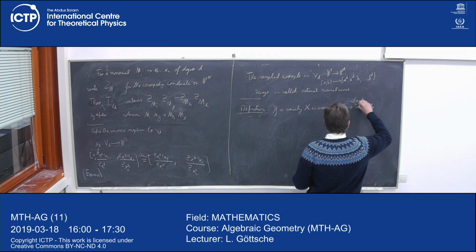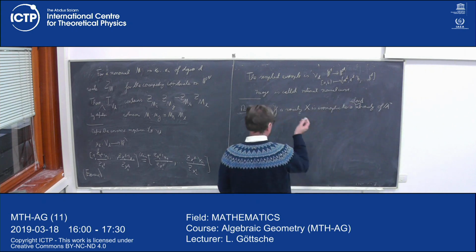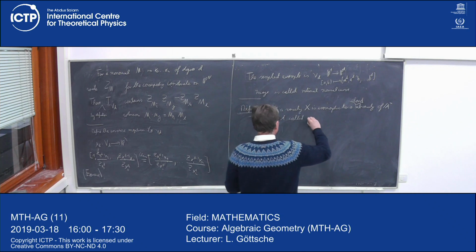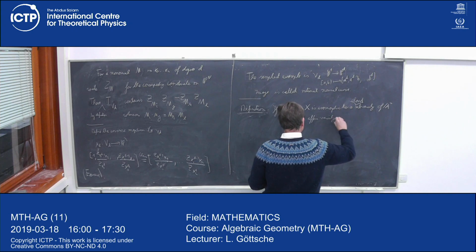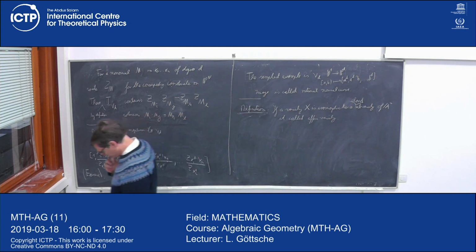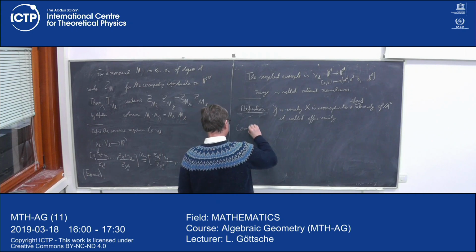A subvariety of some A^n is called an affine variety. Obviously. Okay, so now I have this corollary.